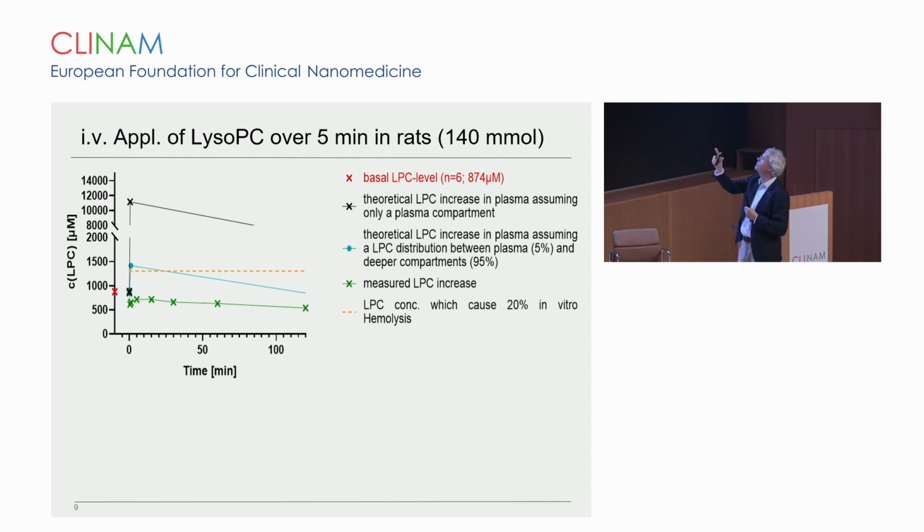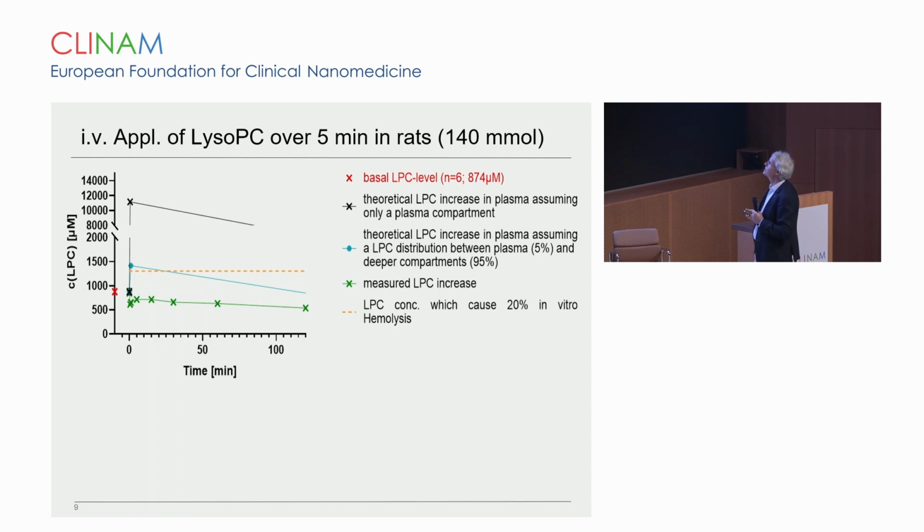But if you had only a plasma compartment, the values would go up when you give 140 millimolar to over 10,000 micromolar. The blue curve is the curve we expected. This is a theoretical LPC increase in plasma, assuming an LPC distribution between plasma 5% and deeper compartments 95%. But this is not what we found. We found the green line.